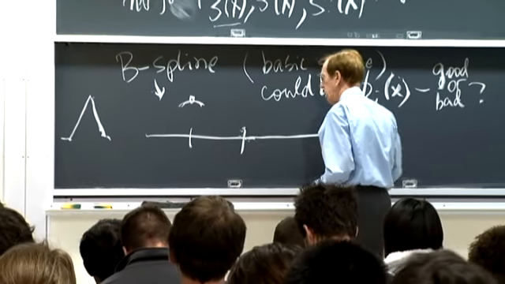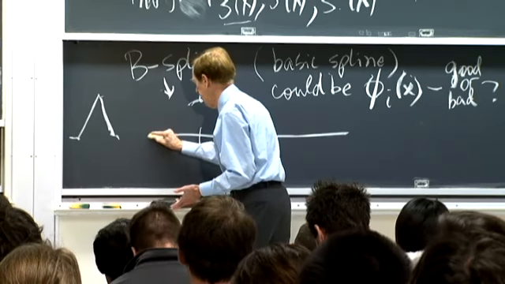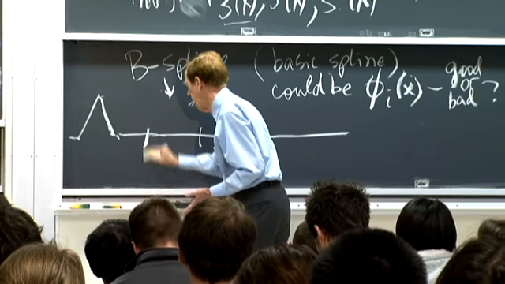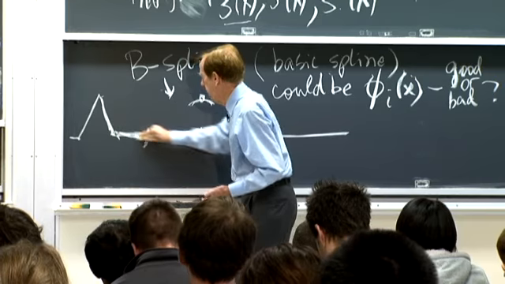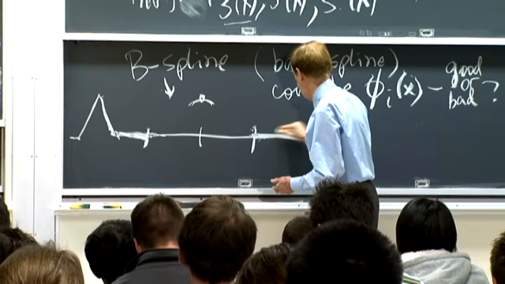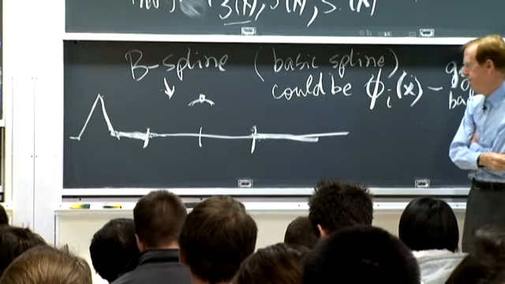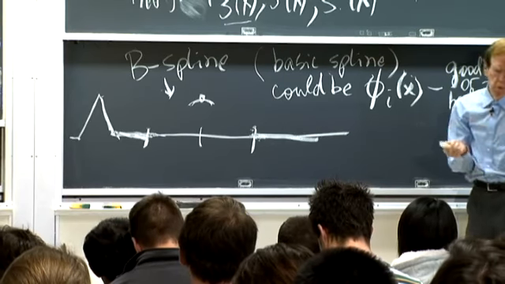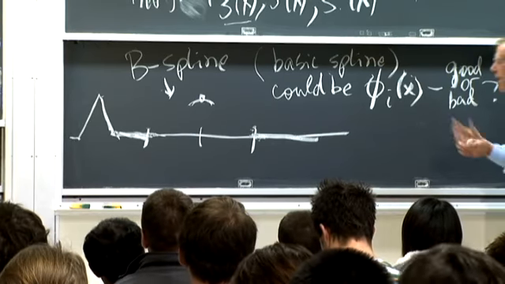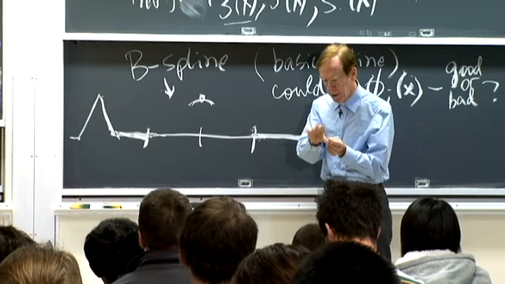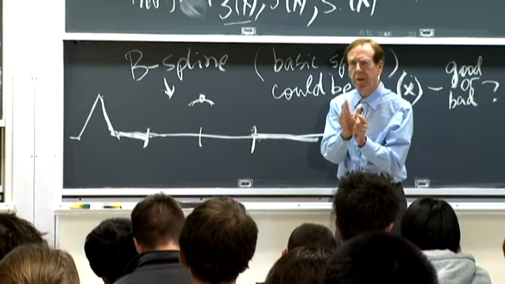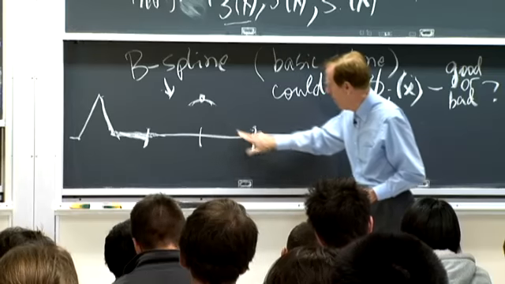And so I want it to be as local as I can make it. So I want it to get to 0. Here's the point. With those cubic finite elements, I got them down to 0.